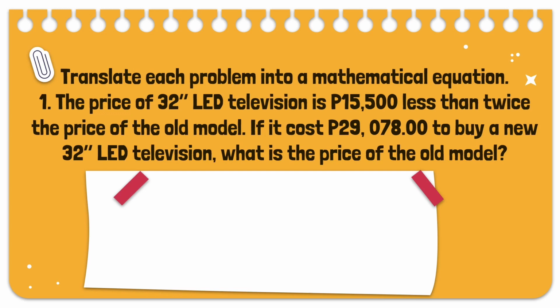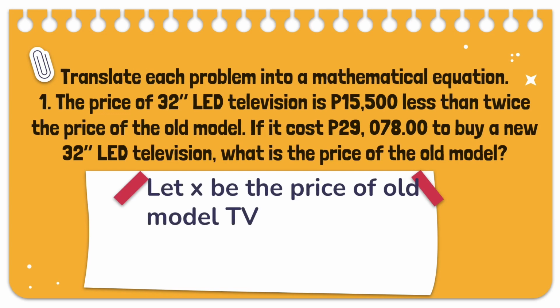Okay, so ang gawin natin, let x be the price of old model TV. So, gagawin nating x yung price ng old model TV. Tapos, sabi dyan, i-translate natin itong phrases na to, 15,500.